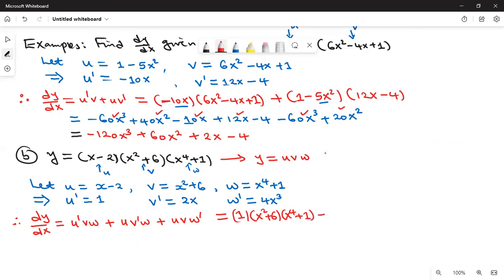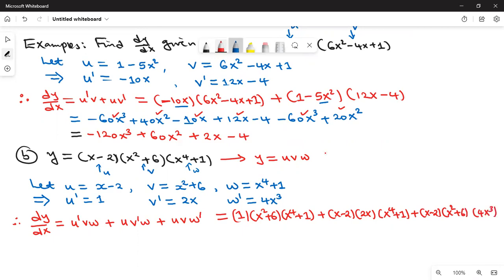Now we are adding u is x minus 2, v prime we got 2x, w is x raised to 4 plus 1. And lastly, u is x minus 2, v is x squared plus 6, and w prime is 3, not 3, but 4x cubed. That should be 4x cubed.